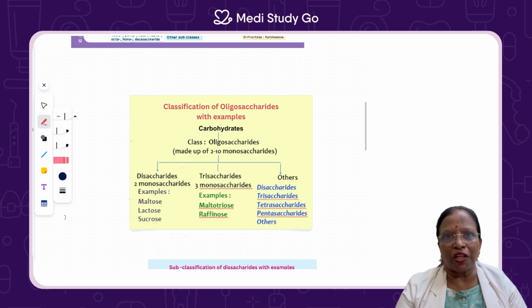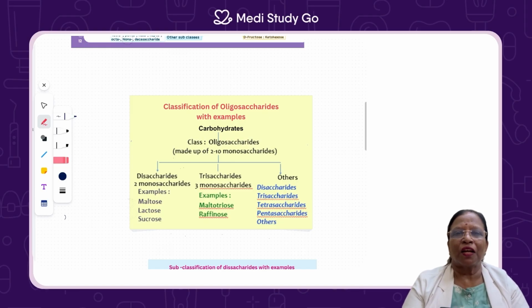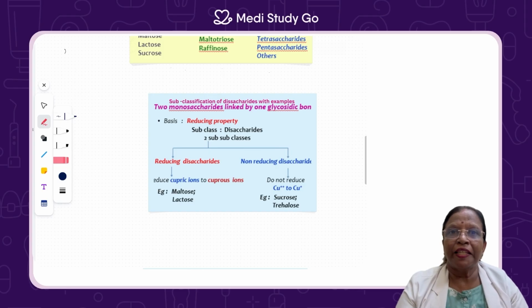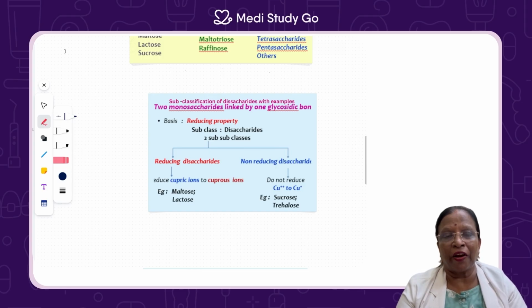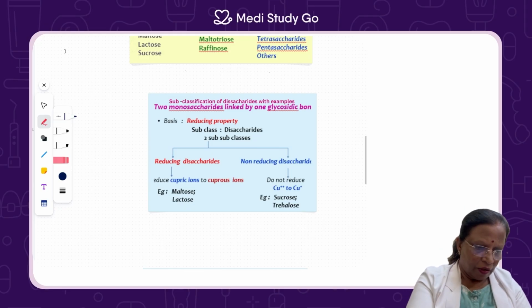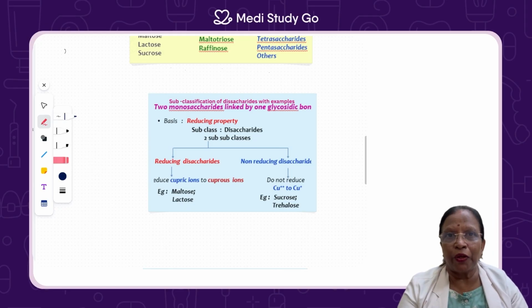Trisaccharides have 3 monosaccharide units. Examples are maltotriose, which is a digestion product of starch, and raffinose. All the other oligosaccharides are grouped as others. Disaccharides can be further sub-classified based on their reducing property into reducing disaccharides, which exhibit reducing property.